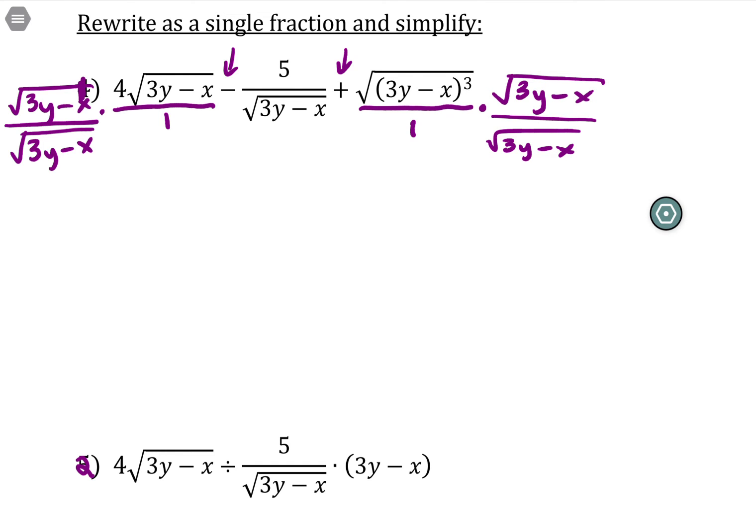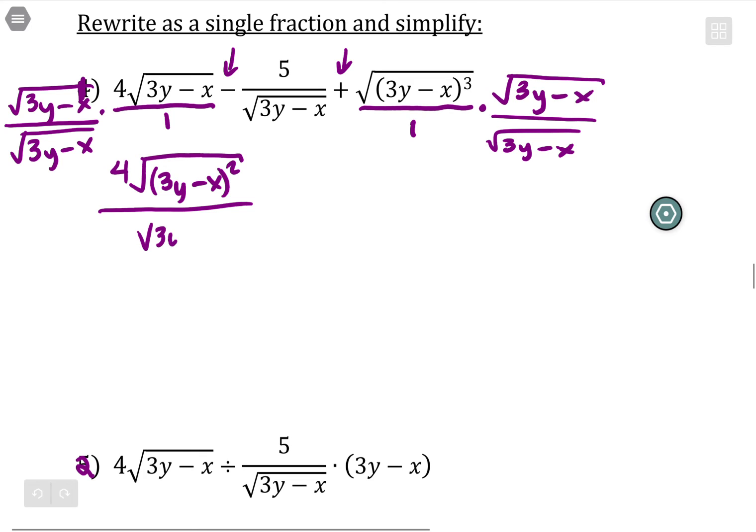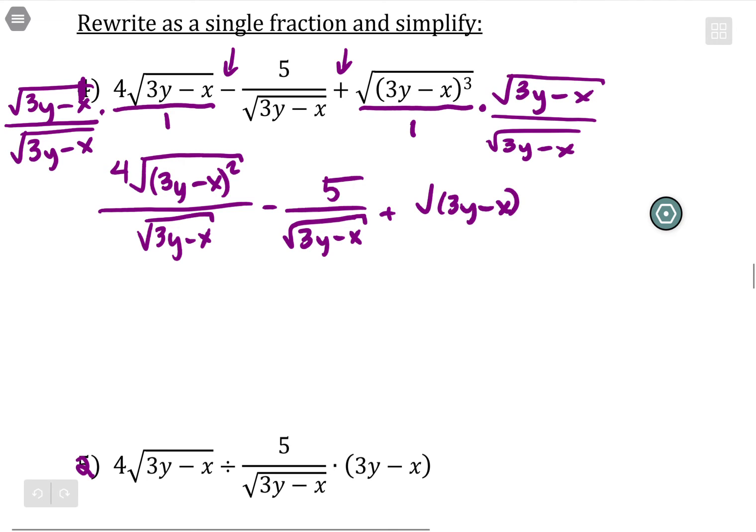Here, when we multiply, we end up with 4 times, keep the square root for one step, square root of 3y minus x squared over square root of 3y minus x minus 5 over square root of 3y minus x, and then the square root of 3y minus x to the 4th over the square root of 3y minus x.